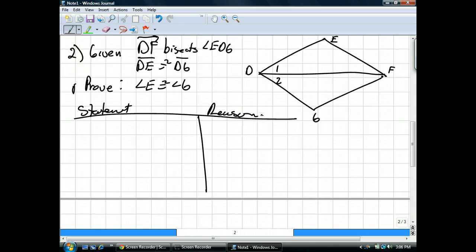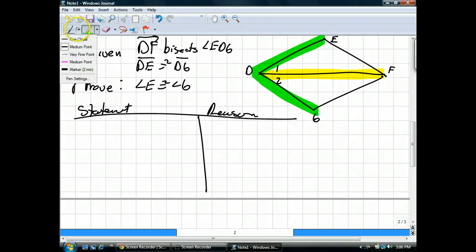So let's see what we know. We know that this bisects this angle. Okay? So if it bisects that angle, then we know that angle 1 is congruent to angle 2. So we know this angle is congruent to this one. We also know that segment DE is congruent to segment DG.